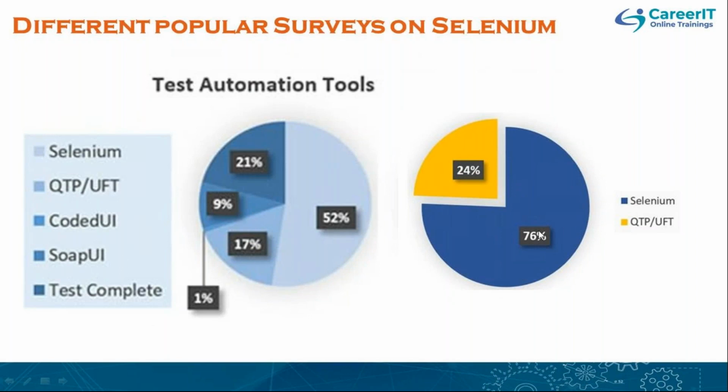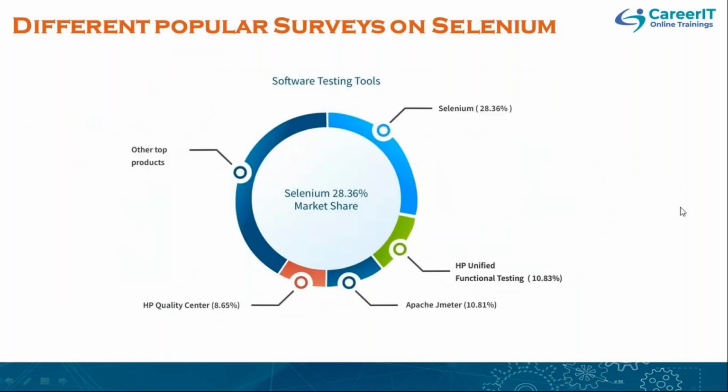If you compare only Selenium with UFT, 76% of the market share has been occupied by Selenium. Okay, that's where Selenium has become one of the most popular tools. This is another survey where Selenium has occupied 28% of the market share among all other tools.